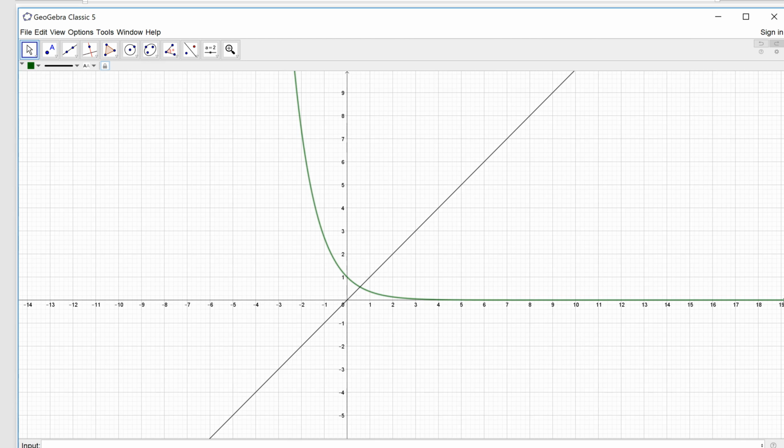So here on GeoGebra, we can see our curve of y equals x. We can see what y equals e to the minus x looks like. So to get our product, as we said before, we can see that when that point is 0, then 0 times 1 means that we pass through that point.